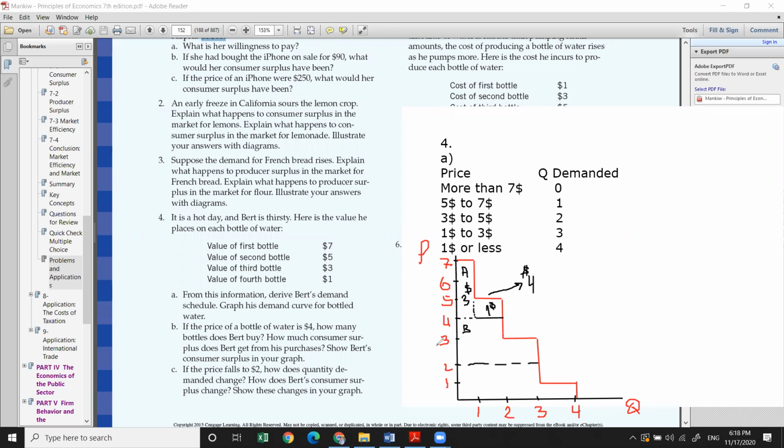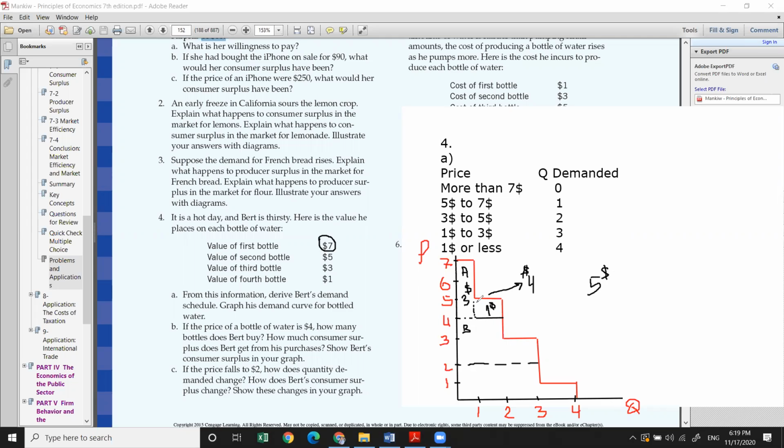He gets a consumer surplus of $5 from the first bottle, because the maximum he is willing to pay for the first bottle is $7. So 7 minus 2 is $5 from the first bottle.